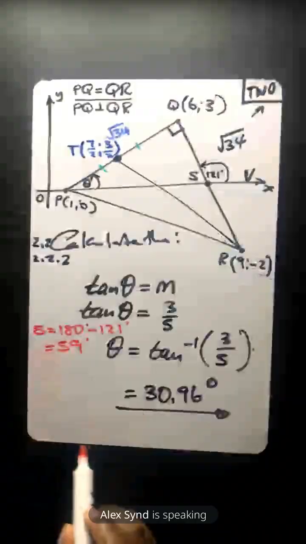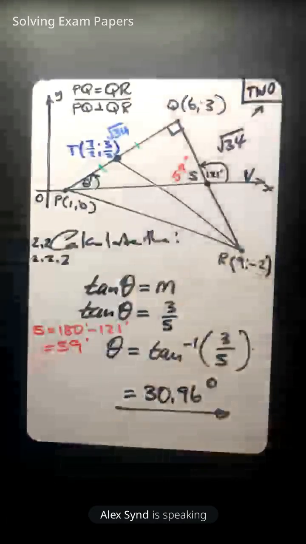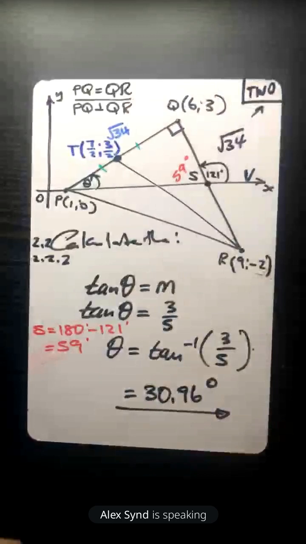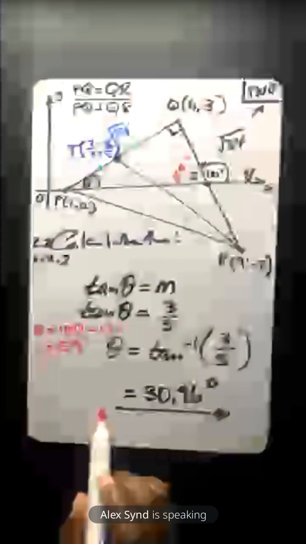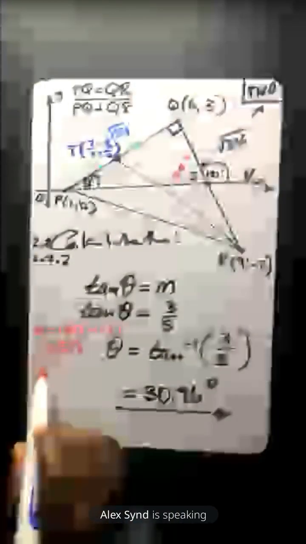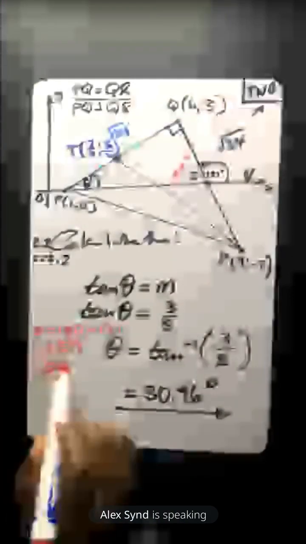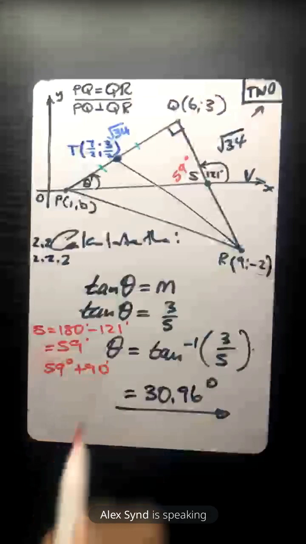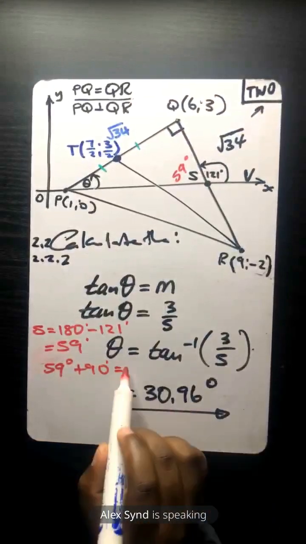So that means that angle is 59 degrees. And then we add that 59 to the 90, the angle Q, 90 degrees. And then we get 149 if we do that.